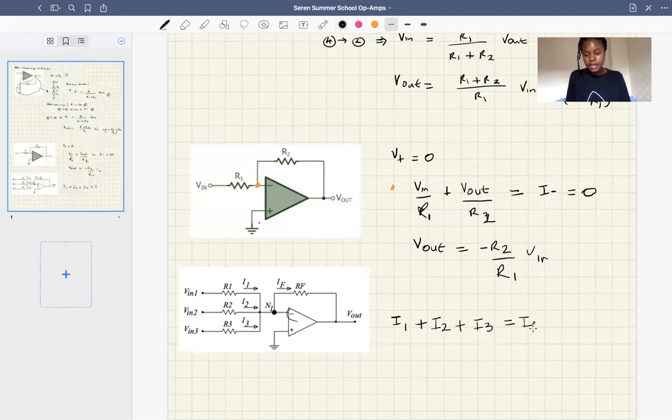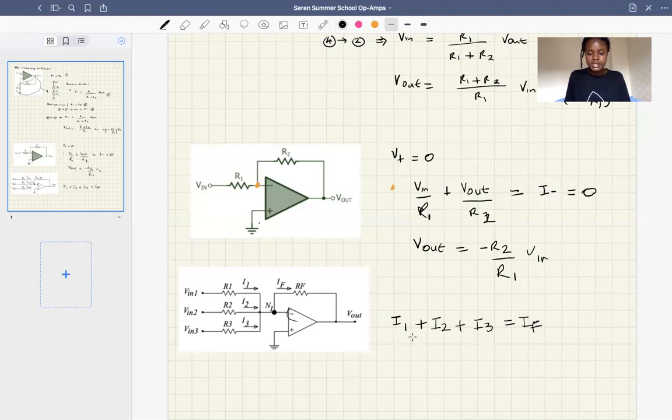Quite straightforward. That's just by looking at that node here, N1, and knowing that the current going out this way is 0 because we've got an ideal op amp, and so I minus is 0. Just clarifying that in case I didn't make that clear earlier.